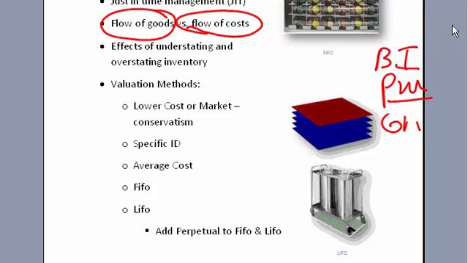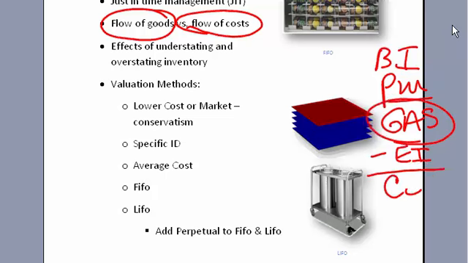That gives us goods available for sale, which is all the items that we could possibly sell. What we're interested in doing in this chapter is subtracting out the ending inventory to give us the cost of goods sold, and the question becomes what dollar value do we set for that ending inventory. That's where this flow of goods and flow of costs comes into play.